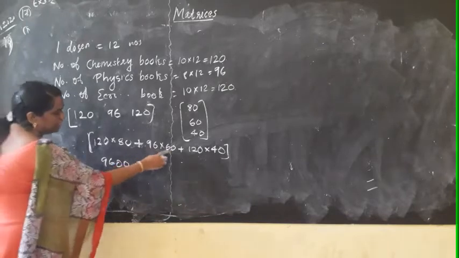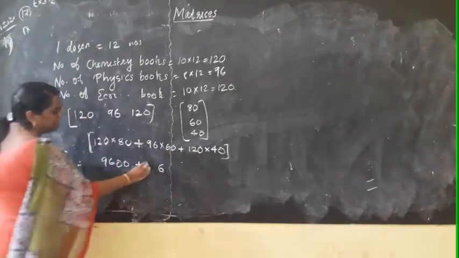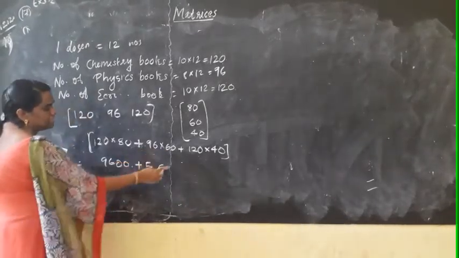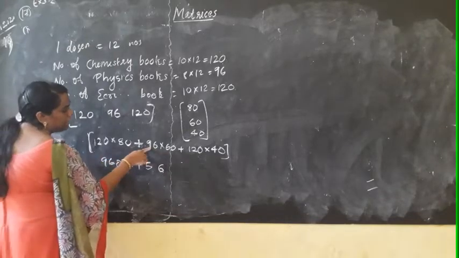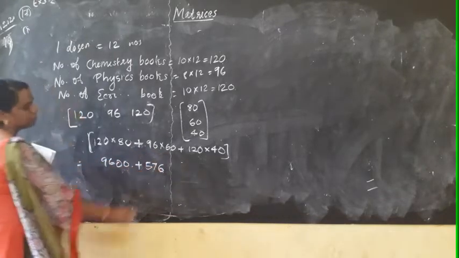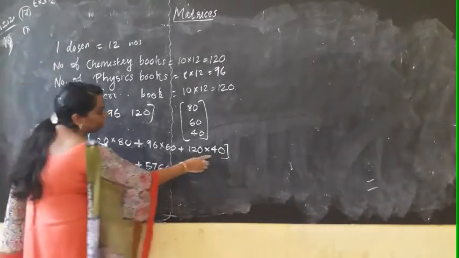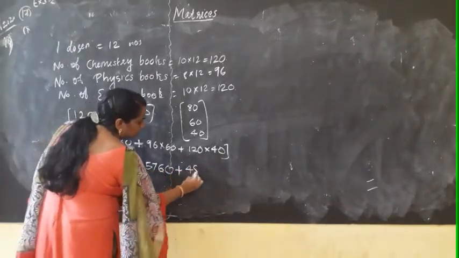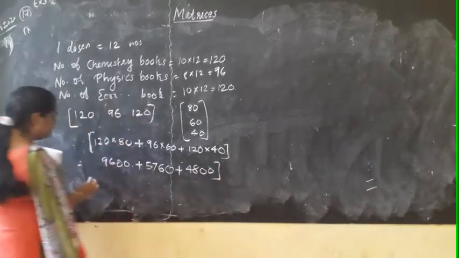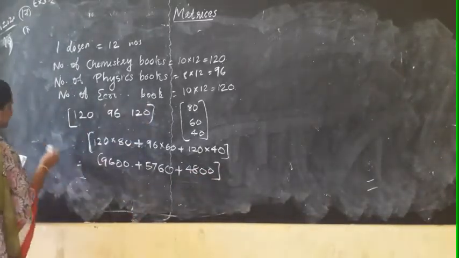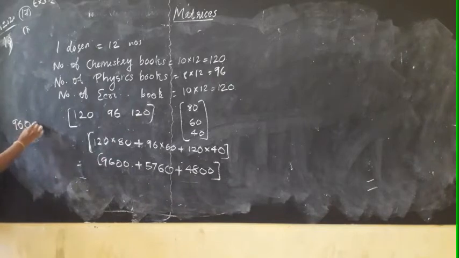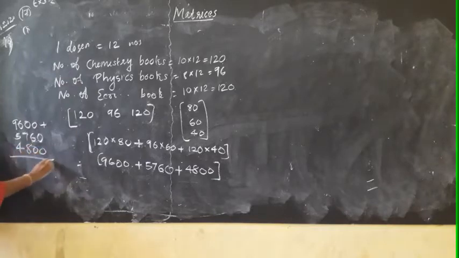Then 96 into 60, 6 sixes are 36, so 5760. Add this: 9600 plus 5760 plus 4800.